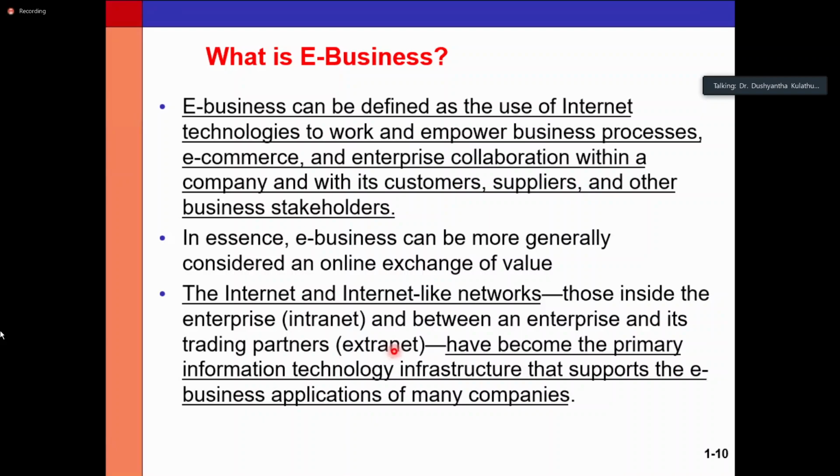You may focus on some security aspects as well, because they are accessing the internal network through the internet, basically through a public network. When you access through a public network, we have to be very much concerned about the security of our internal systems.